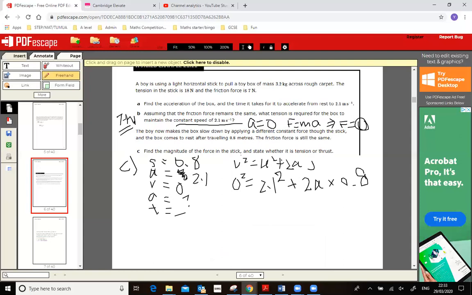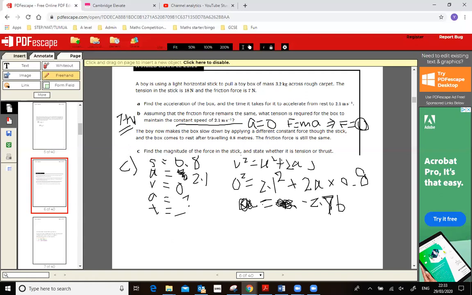Okay, so by rearranging the formula and putting the numbers into a calculator, you should be able to work out that the acceleration A equals negative 2.76.